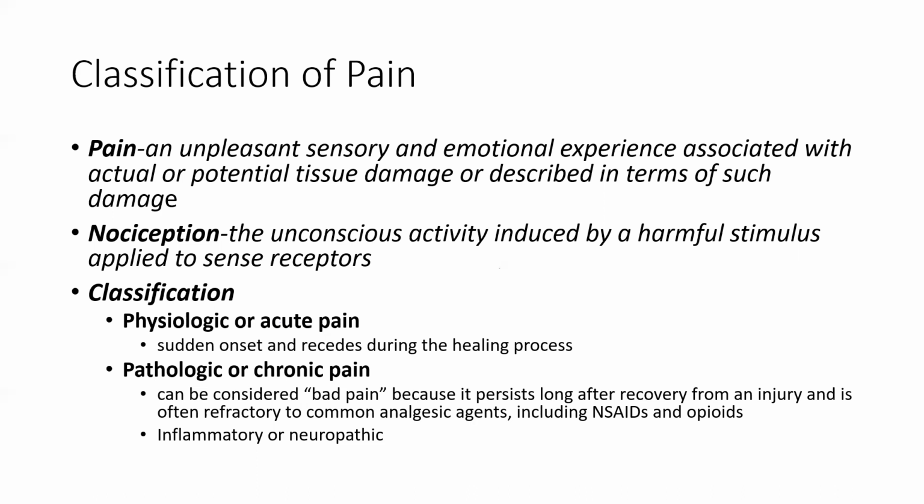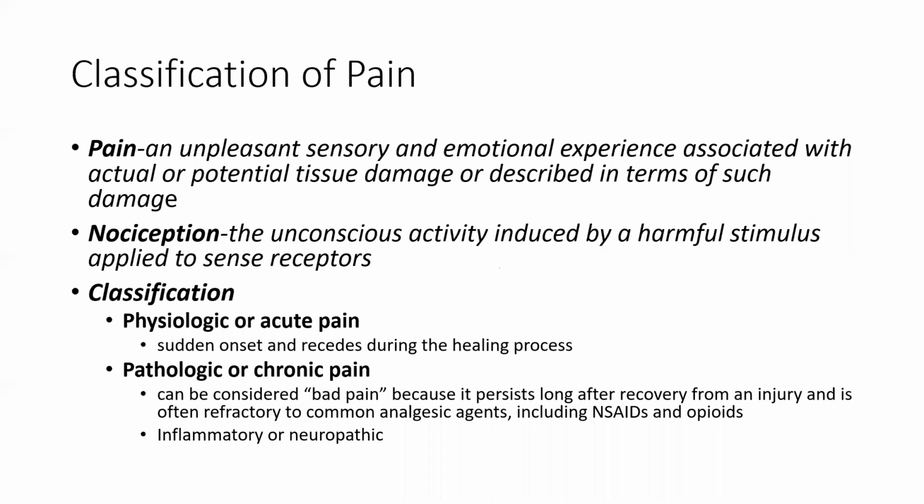What's also noteworthy is that this chronic pain is not responsive to the common therapeutic interventions that we give to patients who have acute pain. For example, they are not responsive to common analgesics, including NSAIDs and opioids. So what is the characteristic of chronic pain?